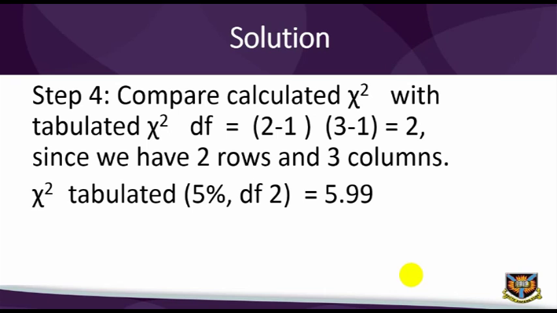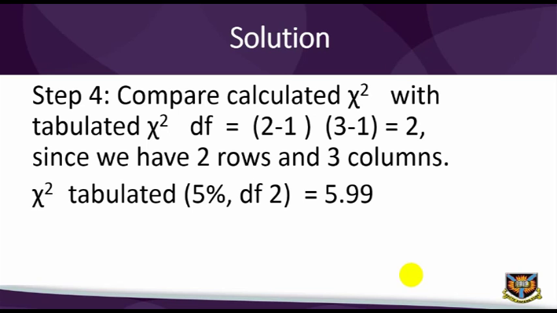Degree of freedom is equal to (2 minus 1)(3 minus 1), which is equal to 2, since we have 2 rows and 3 columns. X squared tabulated at 5%, degree of freedom 2, is equal to 5.99.